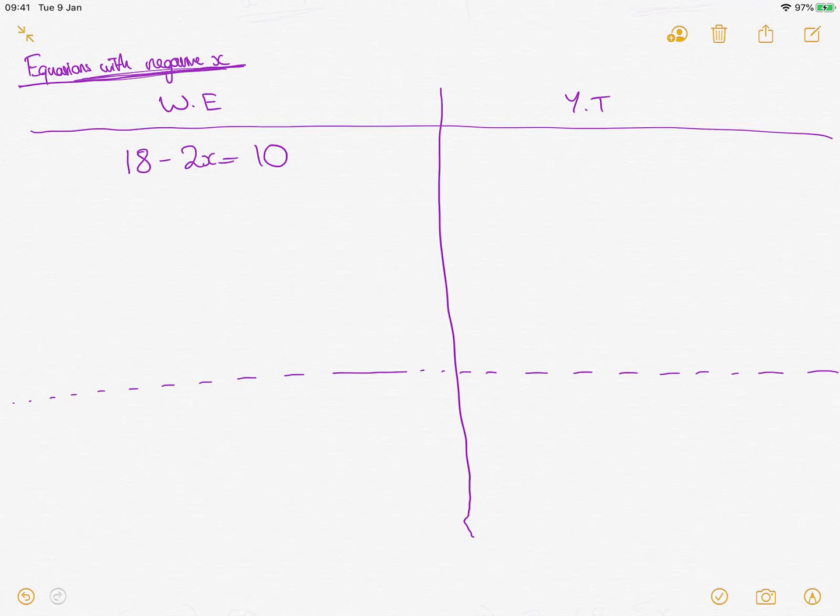So I'll just do it silently first and then I'll talk through it. So we get a final answer of x equals 4.